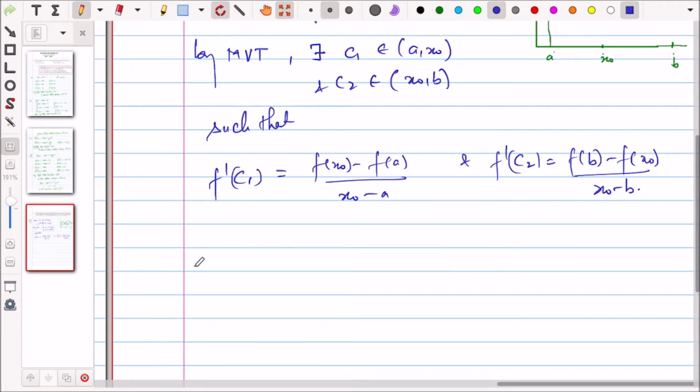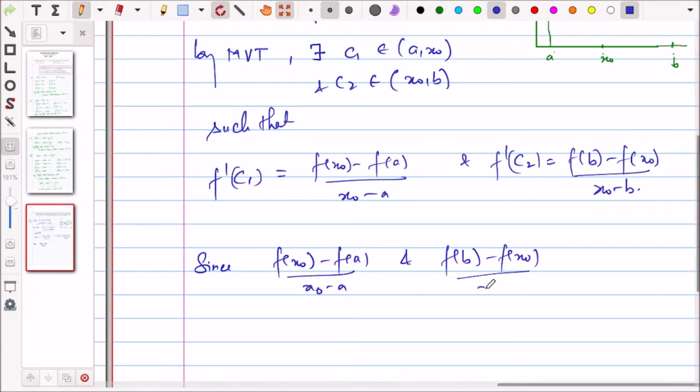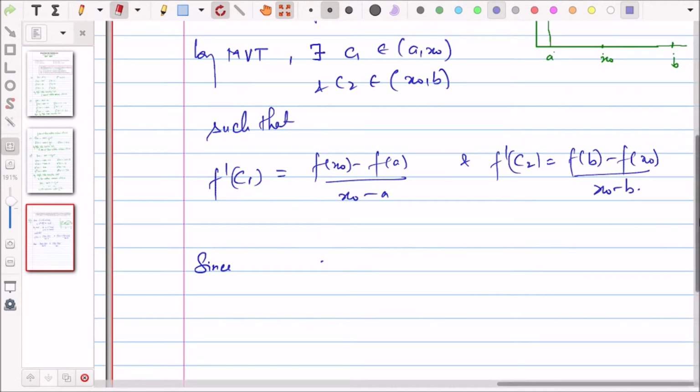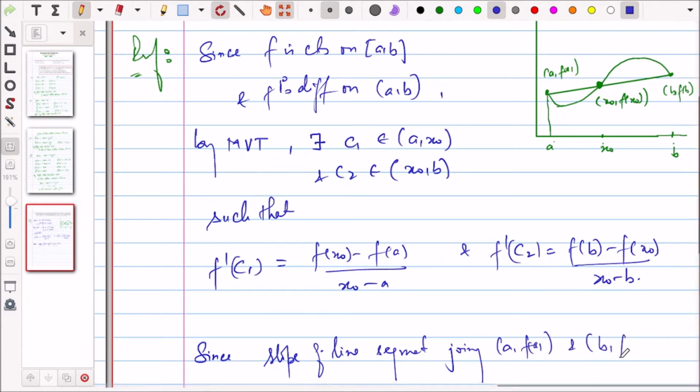Now, (f(x0) minus f(a)) upon (x0 minus a) and (f(b) minus f(x0)) upon (b minus x0) are both slopes.